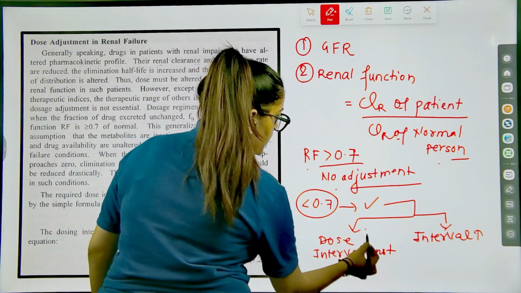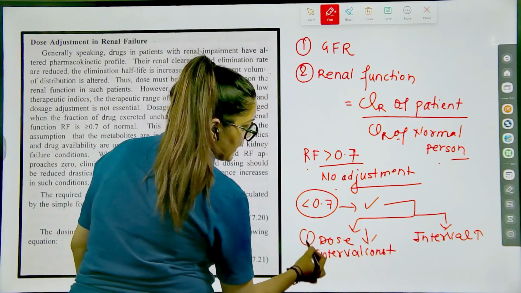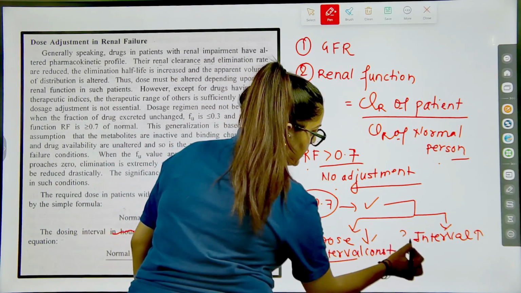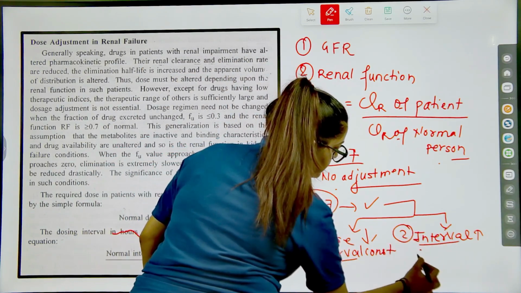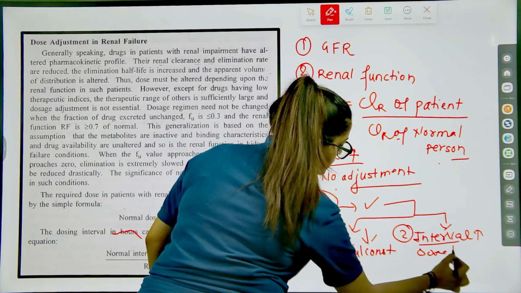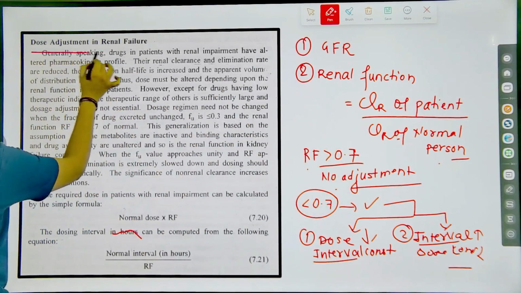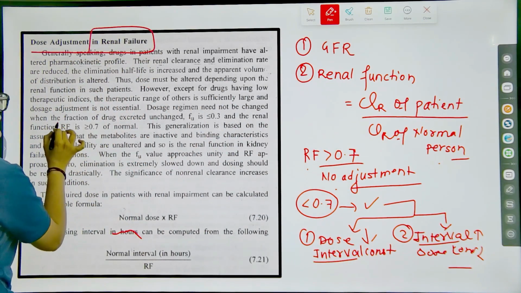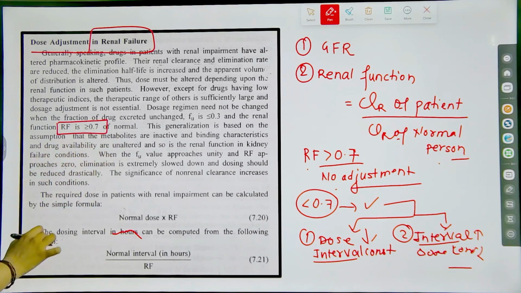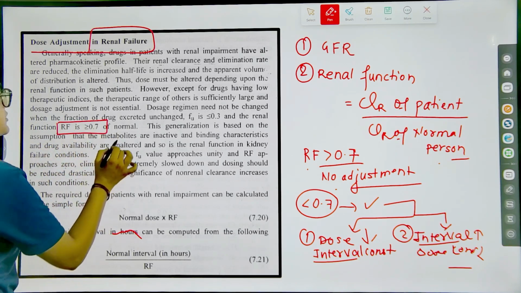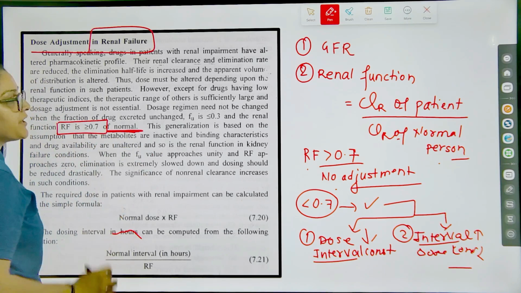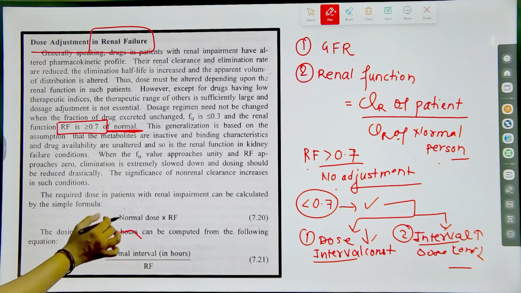Number one was reducing the dose and keeping the interval constant; number two is increasing the interval keeping the dose constant. In dose adjustment in renal failure, if the renal function is greater than or equal to 0.7, it is considered normal, but if it is less than that, we have to adjust the dose.